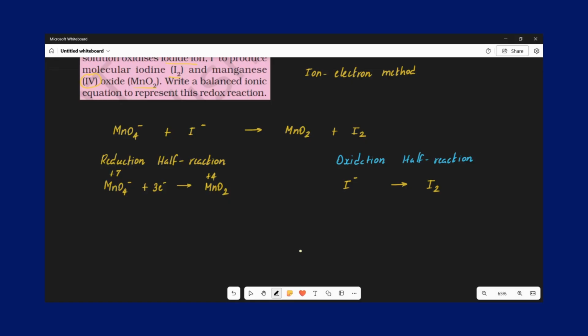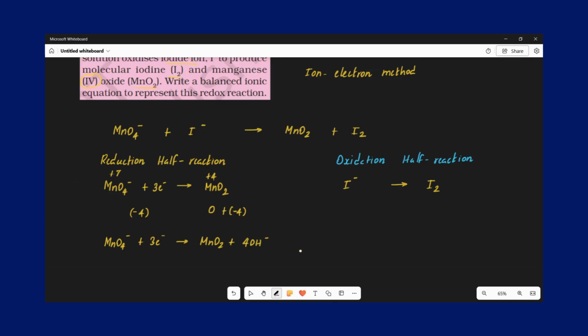How do I balance? I will balance by balancing the charge. When I look at the charge, I have negative 4 on the left hand side and 0 on the right hand side. To equate, I am going to add negative 4, because it is basic medium, I can only add OH minus. So MnO4 minus plus 3 electrons gives MnO2 plus 4 OH minus.